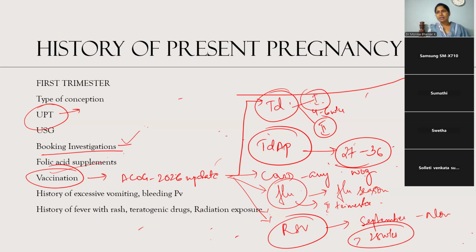Then you diagnose a threatened abortion. So there are different types of abortion: threatened abortion, incomplete, complete, or if there is any associated sepsis, septic abortion. So all these have to be ruled out, and we have to see what type of bleeding it is. So whether it is an inevitable abortion, or a threatened abortion, or an incomplete abortion has to be checked.